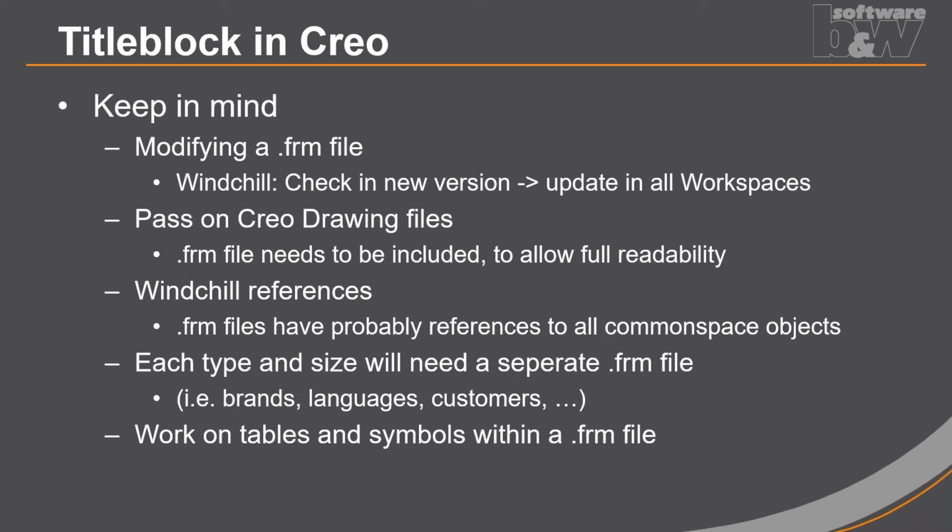And if you need to work on the tables or formats of your title block, you should do so within a .frm file, because there the formatting of the parameter callouts is not destroyed. Well, that's more or less all about the title block within Creo.